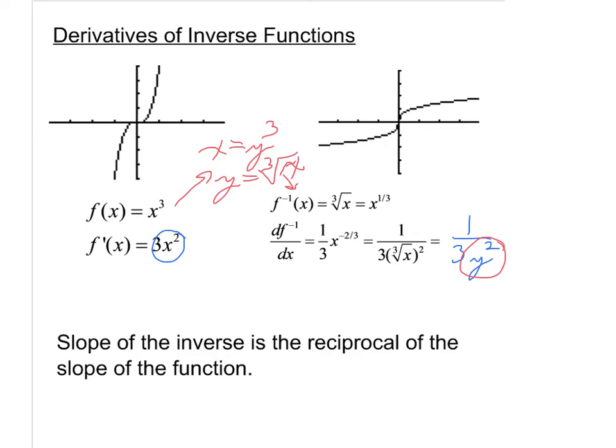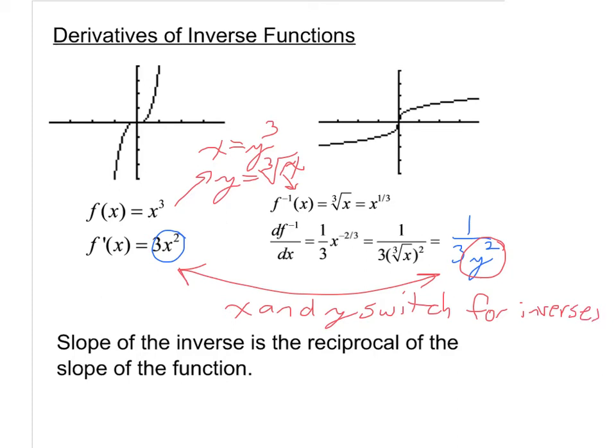And so what we can say, and we really can say this, is that the slope of the inverse is the reciprocal of the slope of the function. The reason that our variables are switched goes to what happens when we find inverses, and that's just remembering that x and y switch for inverses.